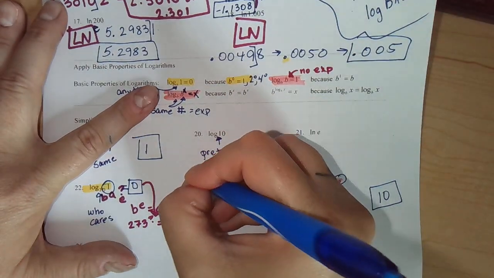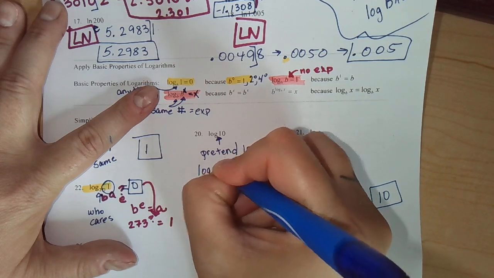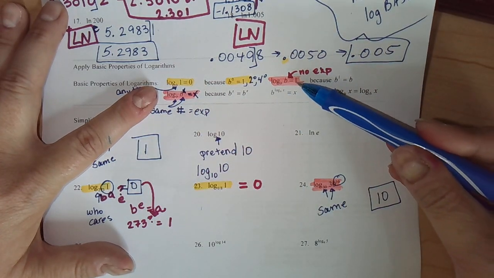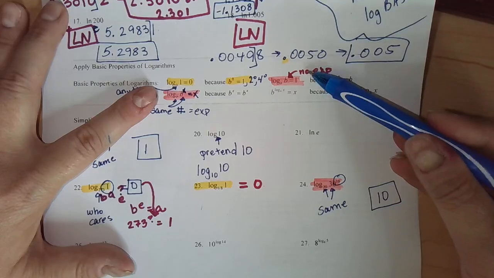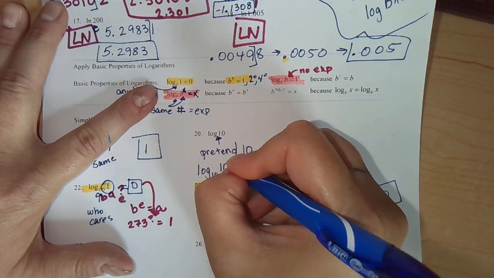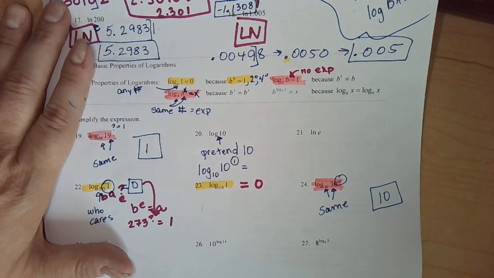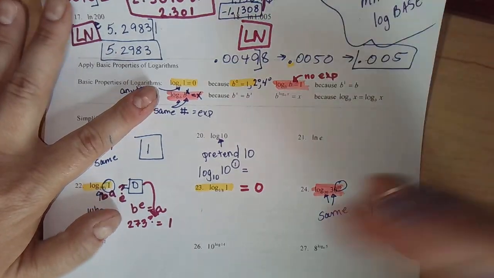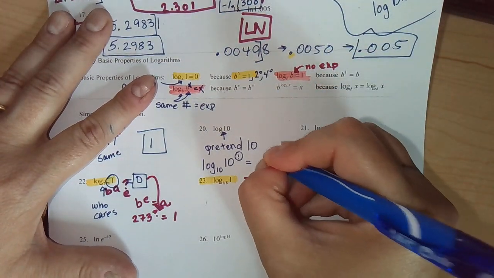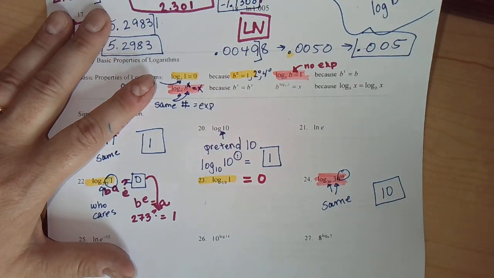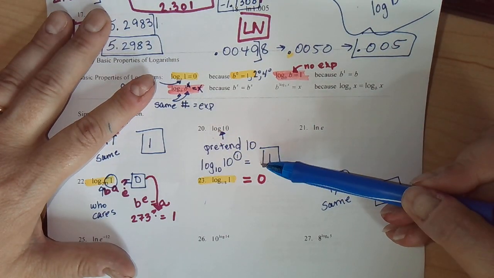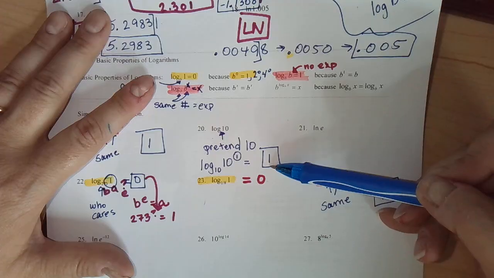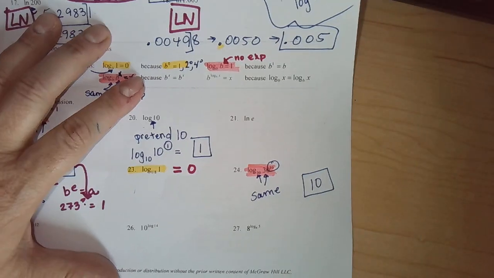Okay, so now that we have a 10 down there, it looks like this equation, where it says if you don't have an exponent, it's a pretend 1. And the answer is your exponent. So log 10 should be 1. And you could put this in the calculator, but I'm just showing you how to do it in your head.